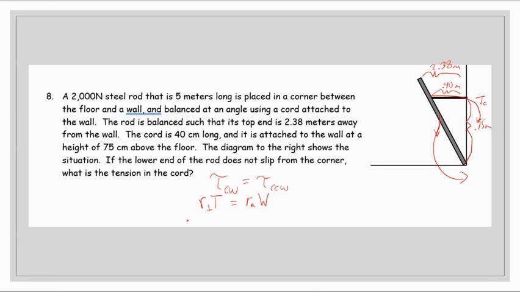So here we have 0.75 meters from our pivot point, because this is going to be our pivot point, times tension is equal to 1.19 times our weight, which is 2,000 newtons. And that 1.19 comes from the center of where this mass is going to be pulling down, because you've got that 2.38 meters.